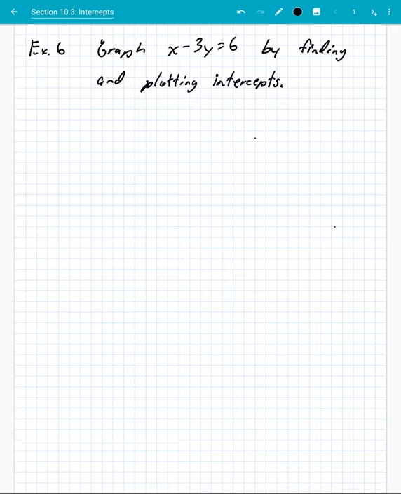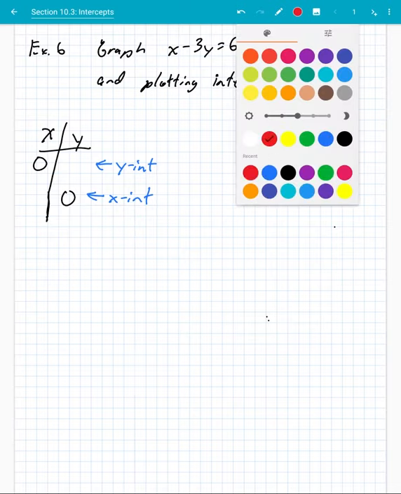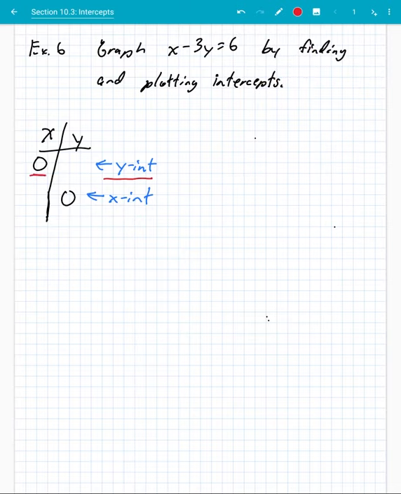So let's go ahead and make a little t-chart. For intercepts, remember x is going to be 0 for one of them and y is going to be 0 for the other. So this would be our y-intercept. This one would be our x-intercept. Because remember, for y-intercepts, we make x equal 0. But for x-intercepts, we make y equal 0.